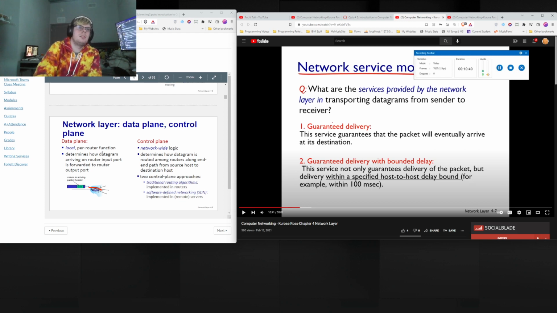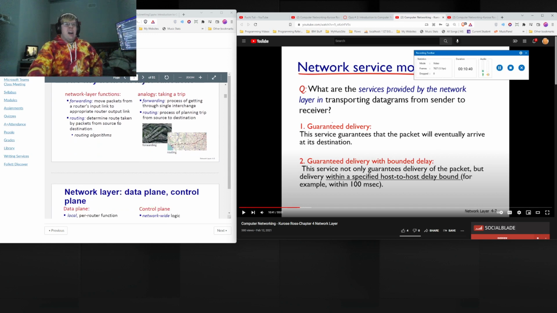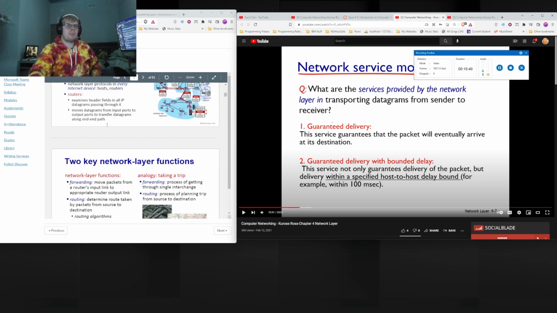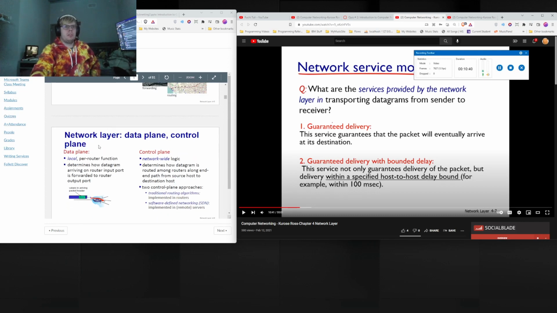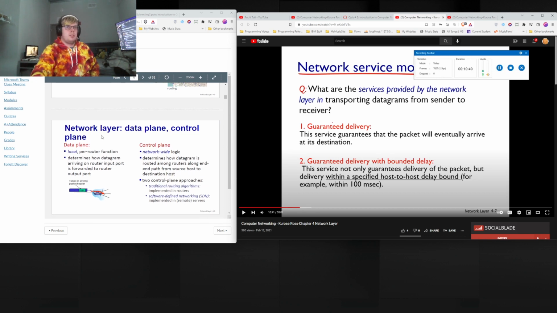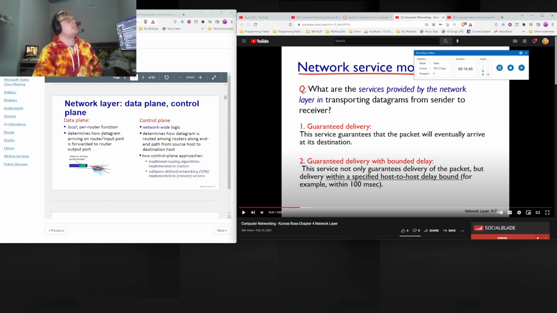Alright. Data plane. What is this? Network layer. Where does the network layer consist of? Data plane and control plane. Data plane, local. Control plane, network-wide.